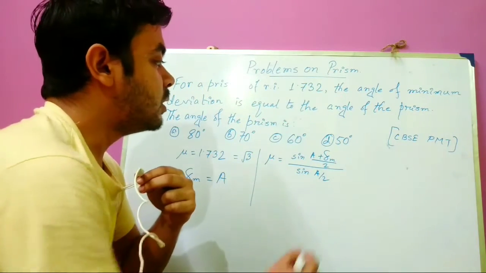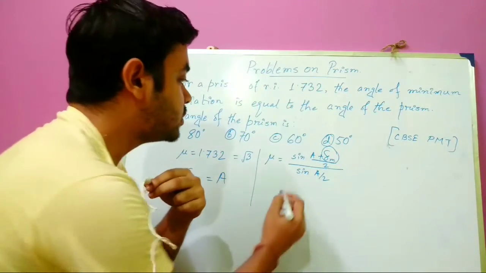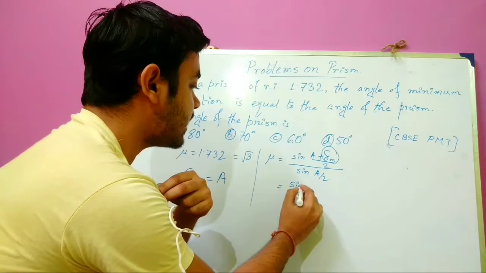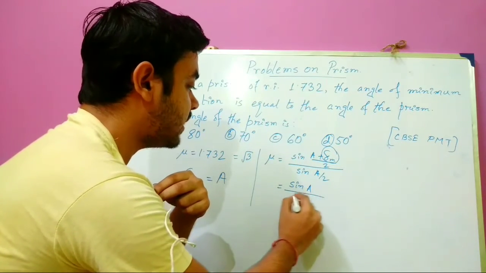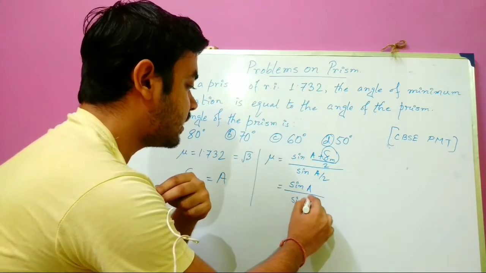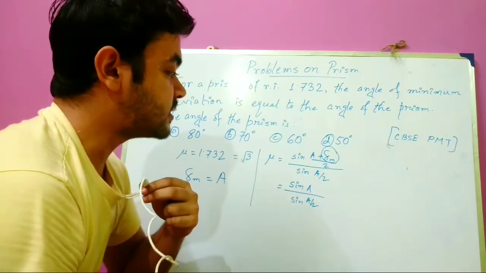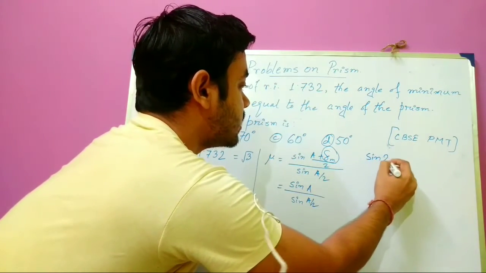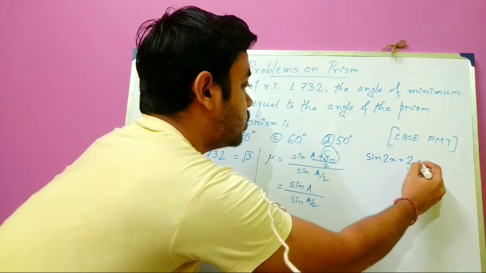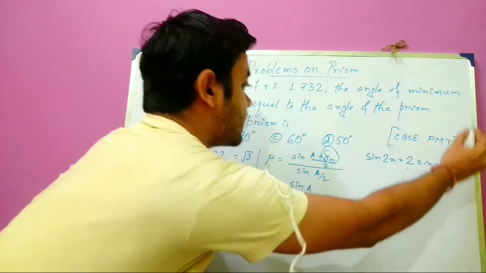Now delta m and A are equal, so we can write it as sine of (A plus A) by 2, that is sine A, divided by sine A by 2. Now we know the formula of sine 2x. Sine 2x equal to 2 sine x cos x.